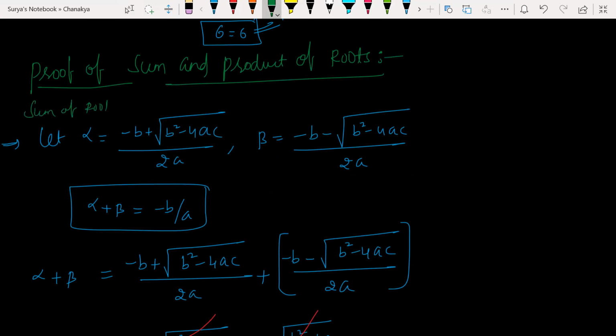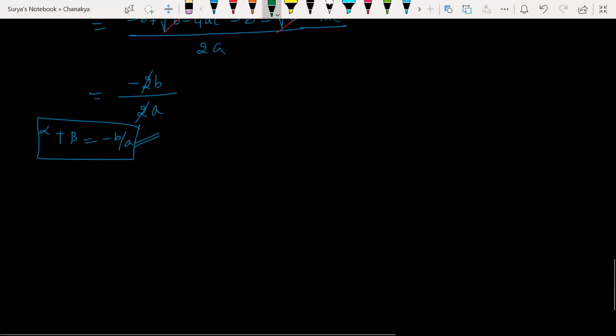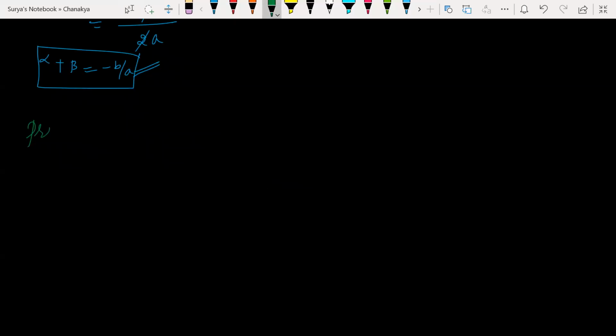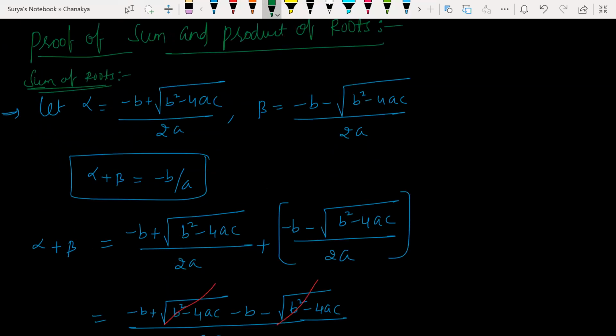Sum of roots and product of roots, you can find it out. Product of roots, let us say the same thing. Alpha is that one, beta is that one.